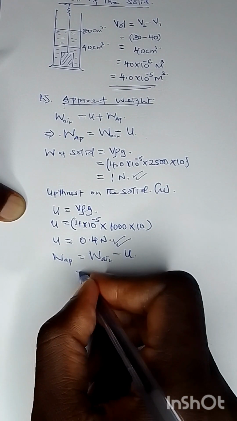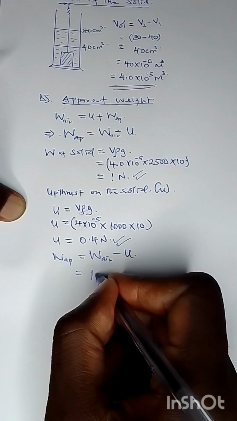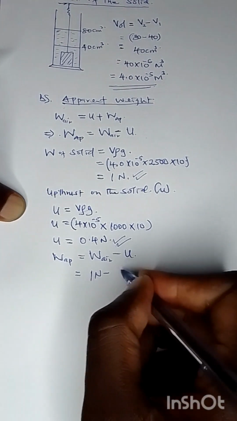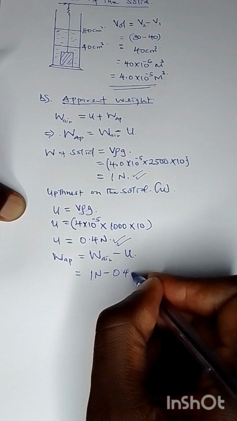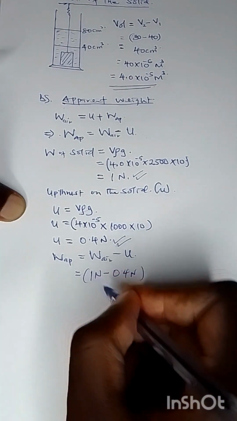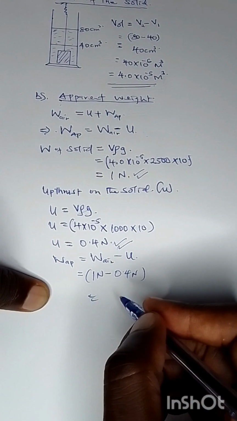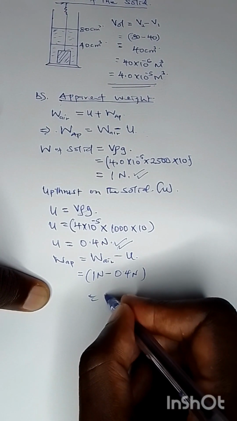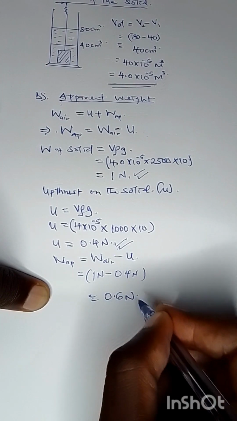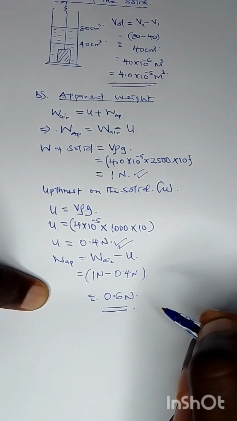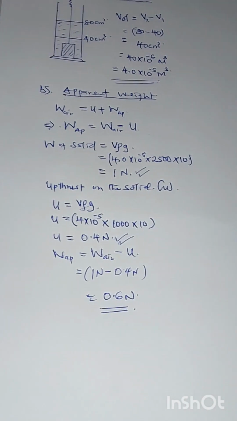So our weight in air is 1 Newton. We subtract upthrust, which is 0.4 Newton. From our calculator, the difference is 0.6 Newton. So that is the apparent weight of the solid.